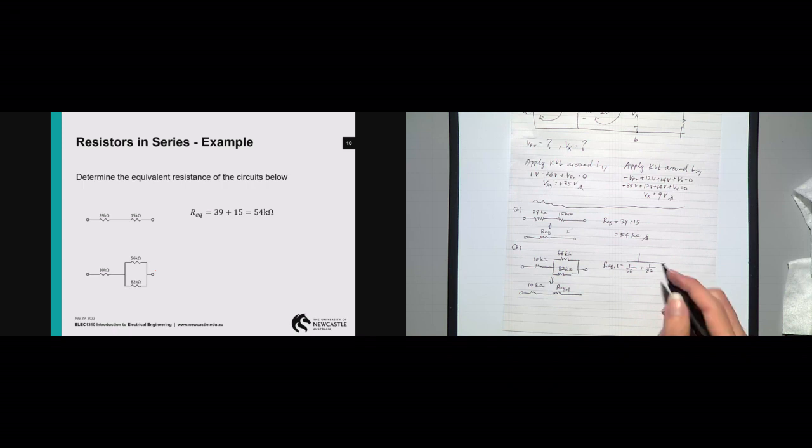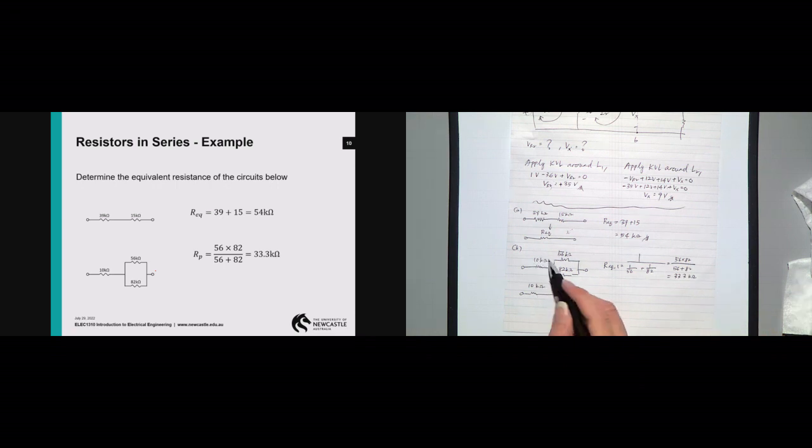Or likewise, it's just 56 times 82 divided by 56 plus 82. This gives us 33.3 kilo ohms, right? So now the problem simplifies from a combination of 3 resistors to a combination of 2 resistors. And now we can go further to just 1 resistor, which is the final equivalent resistance that we want.